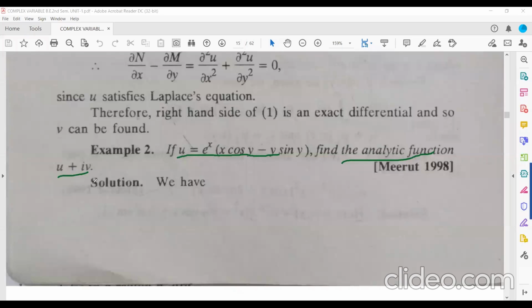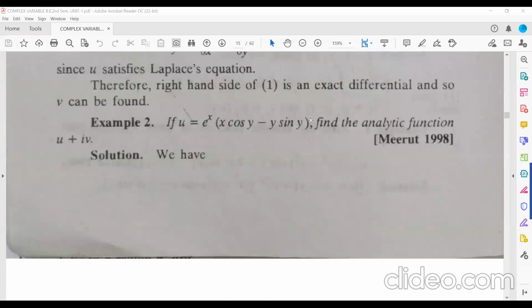The analytic function can also be calculated in a different way. If you are good at using the earlier method, that's sufficient. No need to follow the second method. That method is sufficient, but since it is there, I'm explaining one problem on how to calculate it.